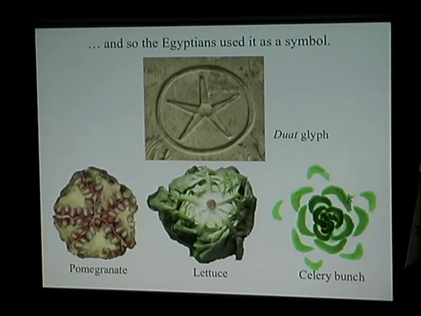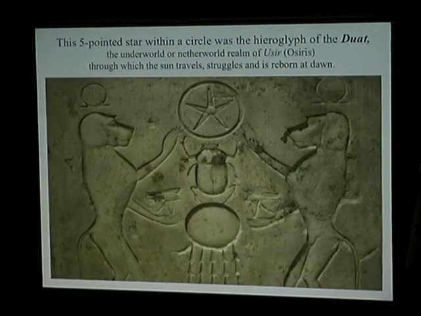Well, the Egyptians used this five-pointed star as a very particular glyph. It was used as a symbol of the so-called Duat. The Duat meaning the underworld or netherworld realm of Usir, or aka to the Greeks Osiris, through which the sun sets in the west, goes underground, so to speak, through this netherworld, has struggles and battles, and then is reborn at dawn.